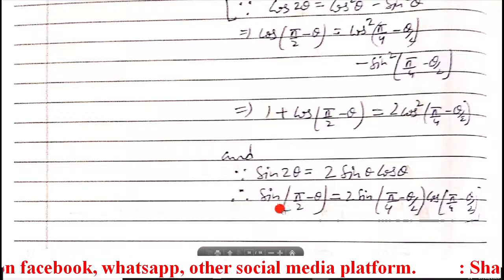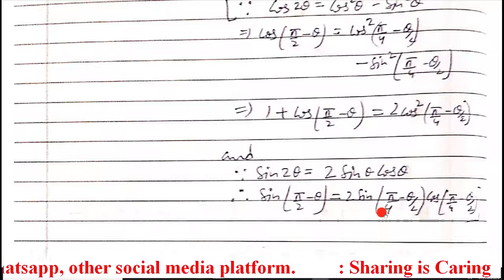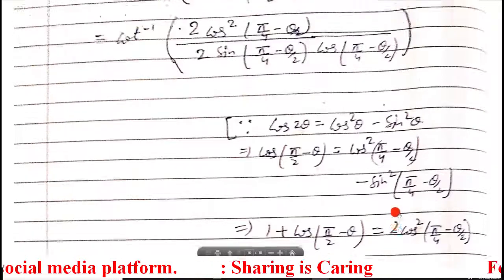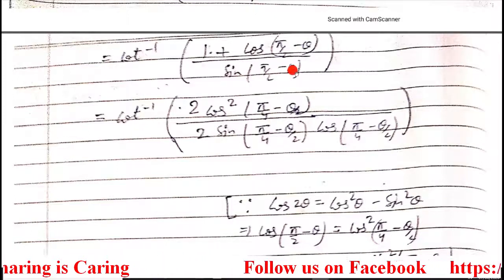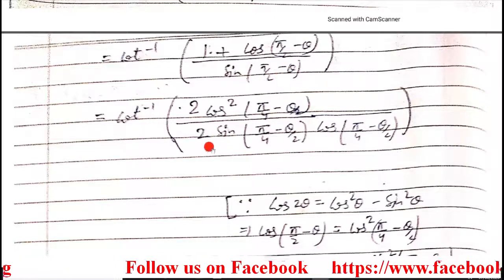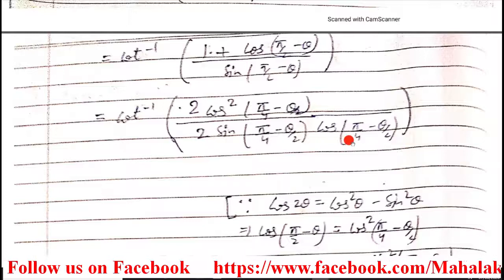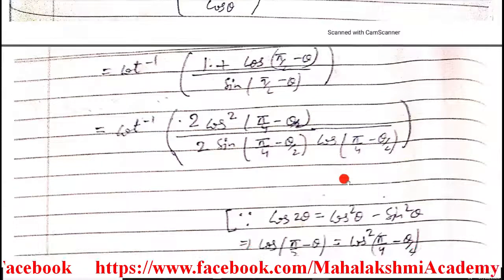So we can replace sin pi upon 2 minus theta by this term. Here we use the sin 2 theta formula, that is 2 sin theta cos theta. I hope this step is clear by these formulas.